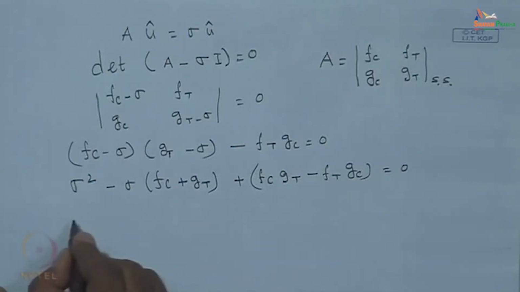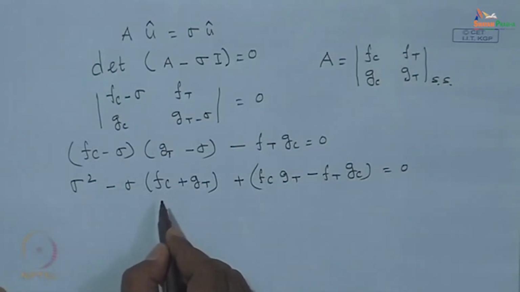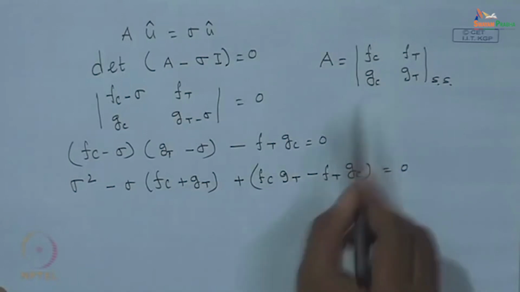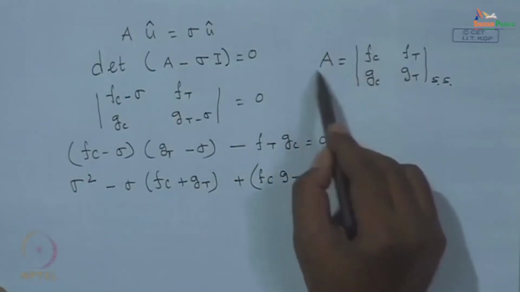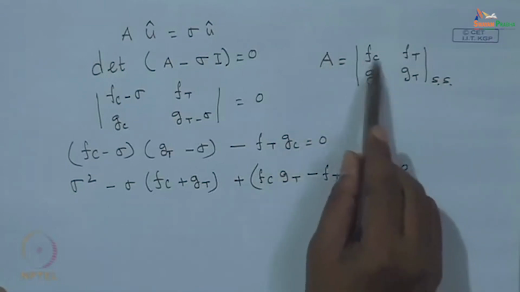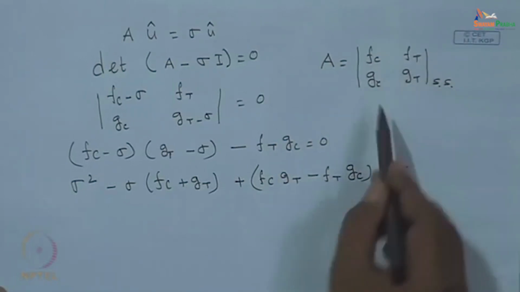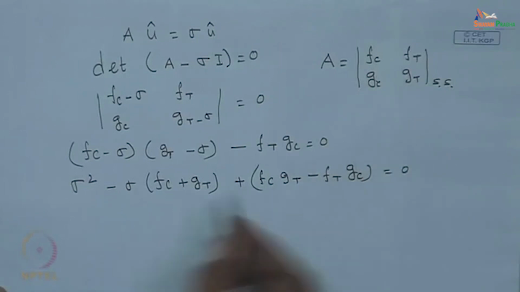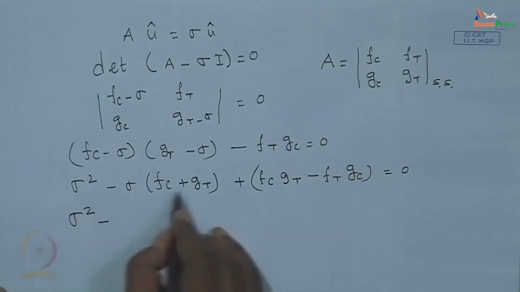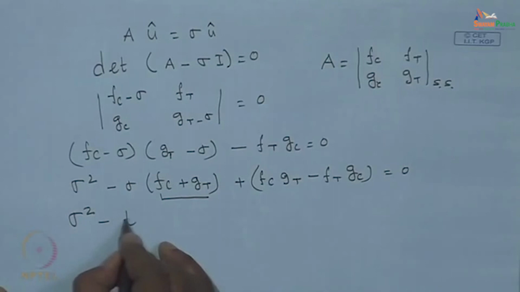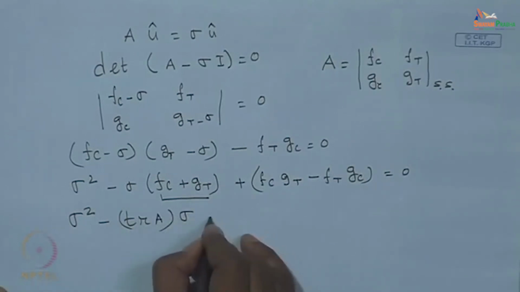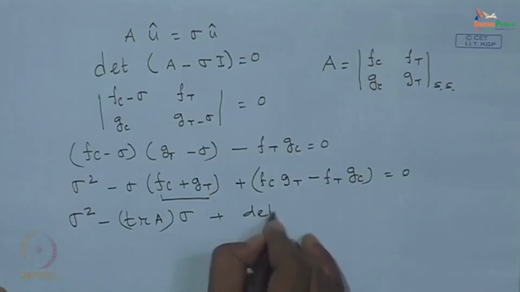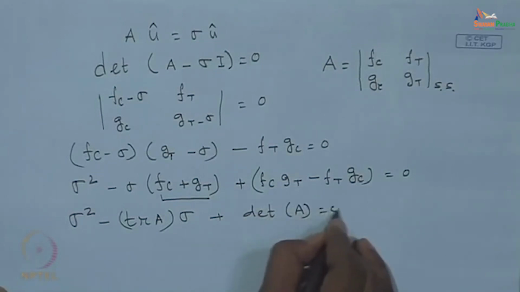Now F c plus G t is nothing but the trace of the matrix A, and F c G t minus F t G c is nothing but the determinant of the matrix A. So, we can write sigma square minus trace of A multiplied by sigma plus determinant of A is equal to 0.